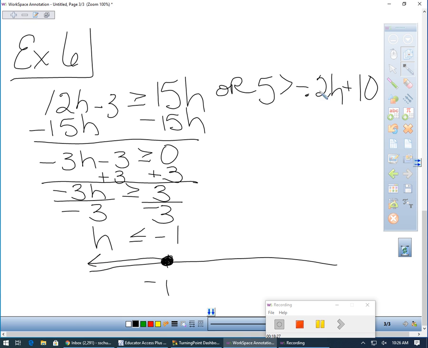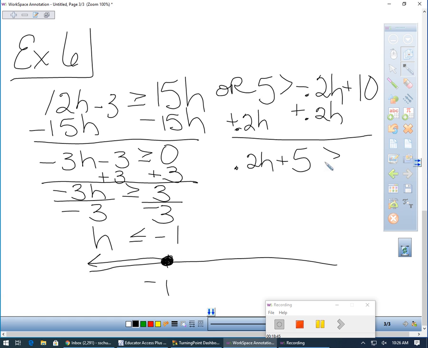Okay, let's go back and solve this one. I'm going to start by adding 0.2h to the left. 0.2h plus 5 is 0.2h plus 5, right? They don't combine together. Is greater than 10. Now what do I do? Good.